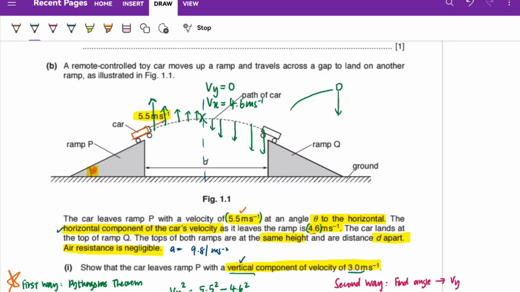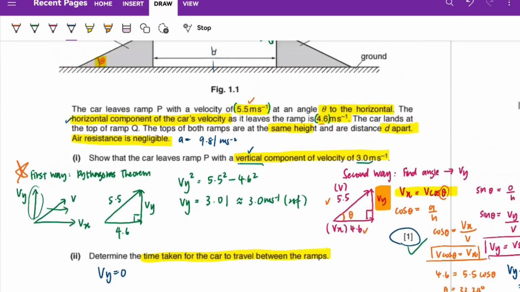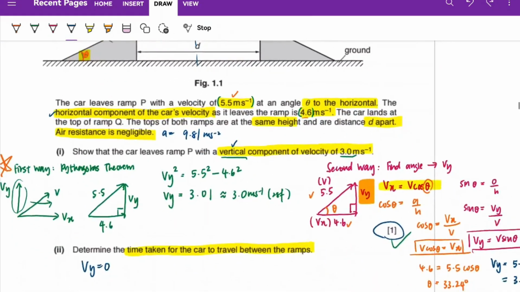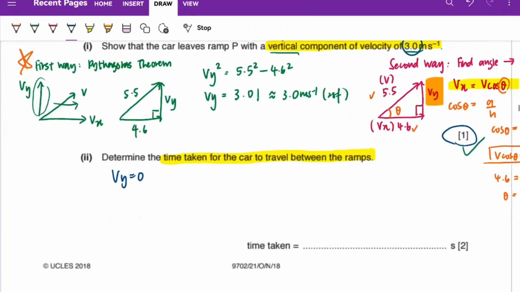So we know at this point, velocity in the vertical direction is 0. So that's one point we have. Vy equals 0. What is our initial velocity? 5.5. No, not 5.5. Oops, mistake. Our initial velocity is 3 meters per second. Why is it not 5.5? We are talking about vertical components now.